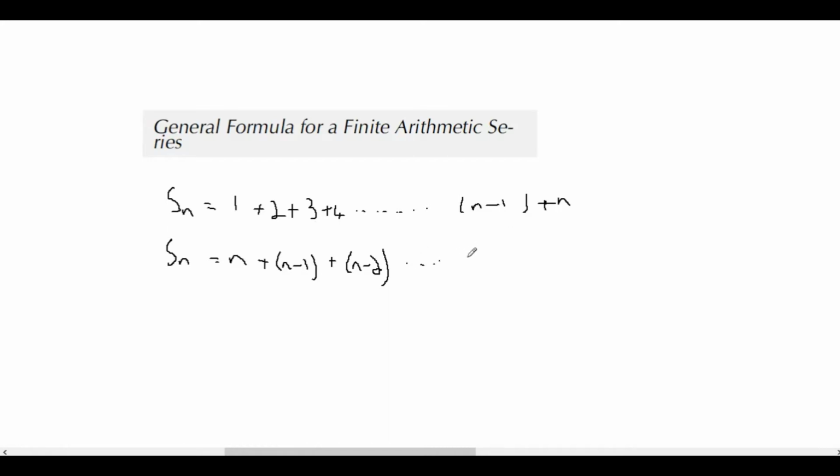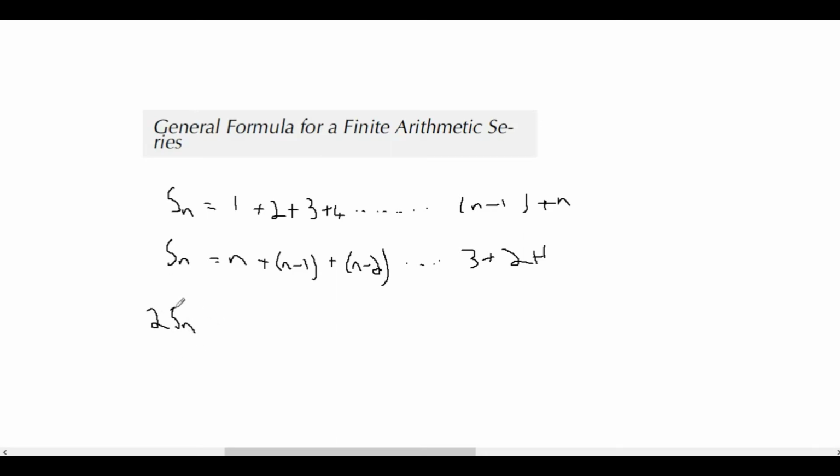And then this will come down to 3 plus 2 plus 1, right? So from here what we're going to do is add the terms that are below it, because you're going to see what it's going to turn out to. So S of n plus S of n is just simply 2 Sn, alright?